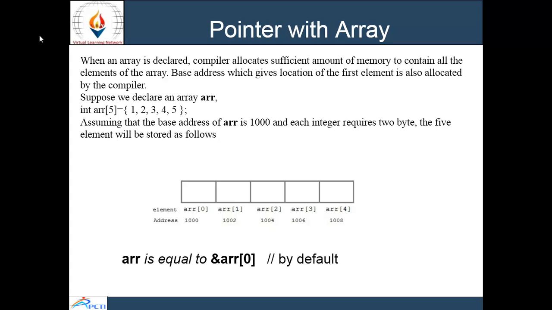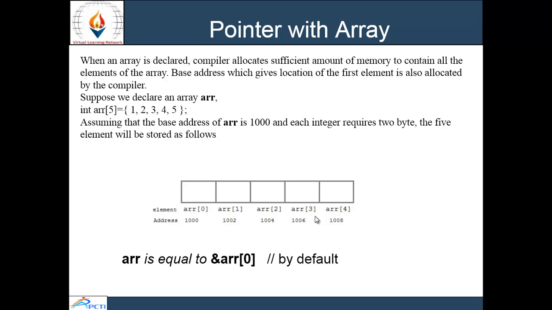We know each integer requires 2 bytes of memory to store the value. So the 5 elements will be stored like this. The base address is 1000, it will increase by 2 bytes, and the next element will be stored at the position 1002, and after this the next element of the array will be stored at 1004, and then 1006 and 1008.